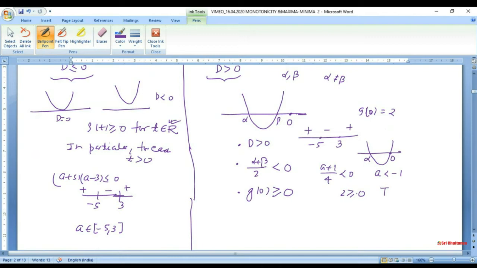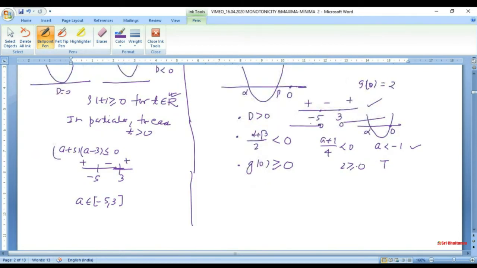So d positive means you are taking this region, either towards this side or that. d is strictly positive, so this cannot be 0, so it will be open till here and here. If I take the intersection of this one and this one, and of course this one, which is true for all, then we get a less than or equal to minus 1, and minus 1 is on this side. So I will get a belongs to minus infinity till minus 5, and minus 5 is open.